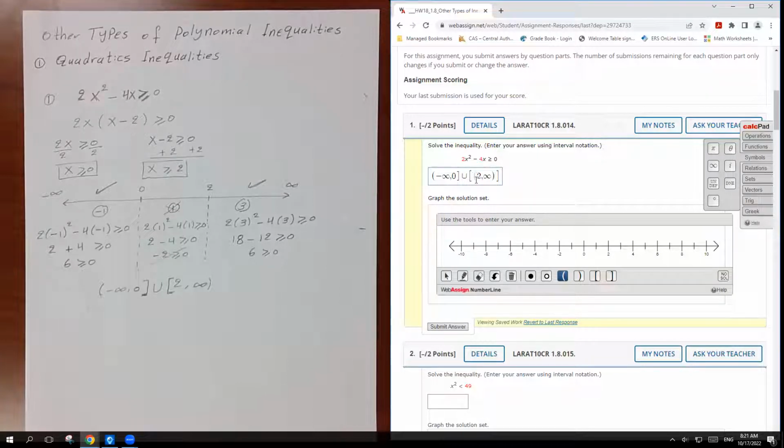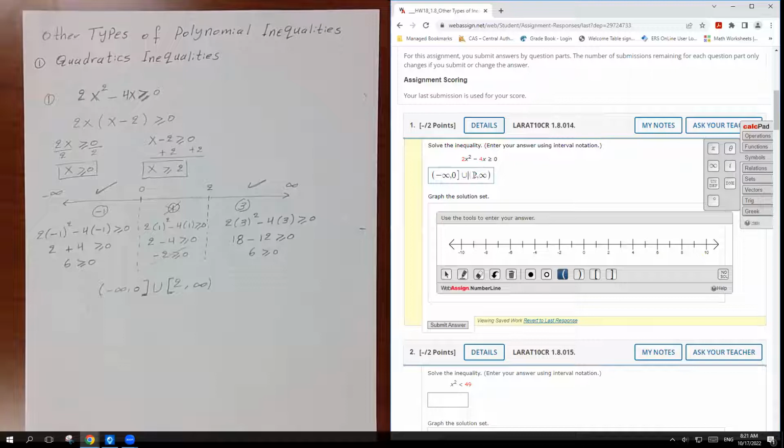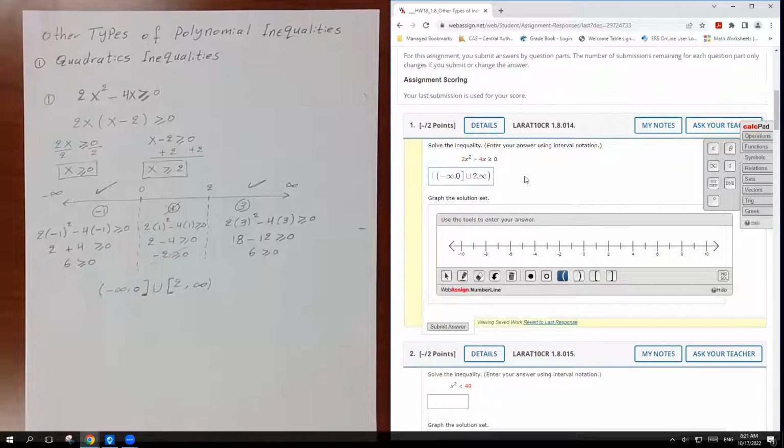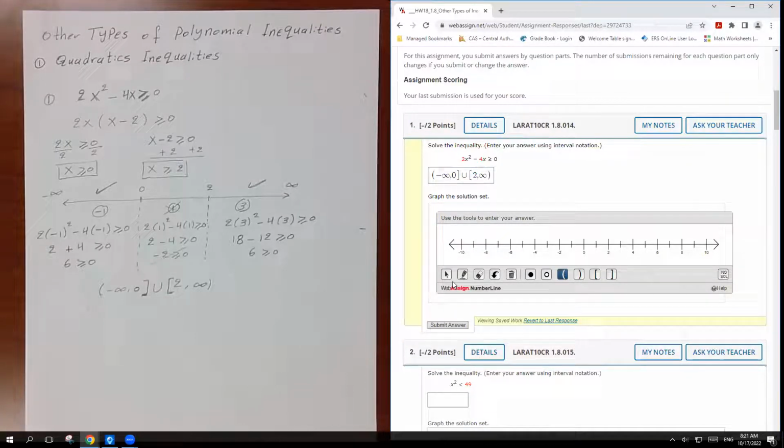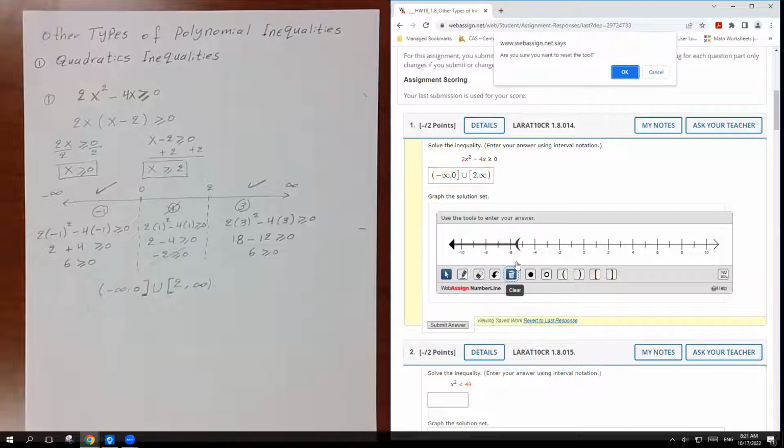I have to delete this one. Okay, now it's right. Now to graph it, that means from negative infinity. No, I have to change until which number? Okay, let's delete this one.